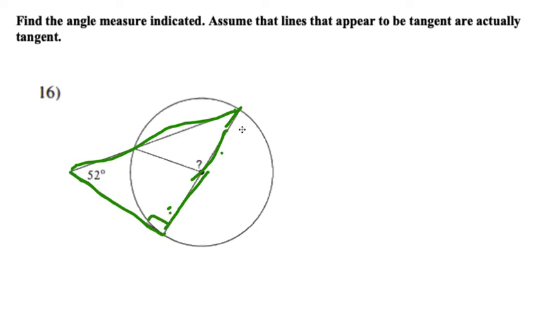If that's 52, that makes that angle equal to 90 minus 52, or what is that? 38? Well, let's just double check that. So I'm going to take 90 minus 52, which is 38 degrees. So that means that this angle here is 38 degrees.